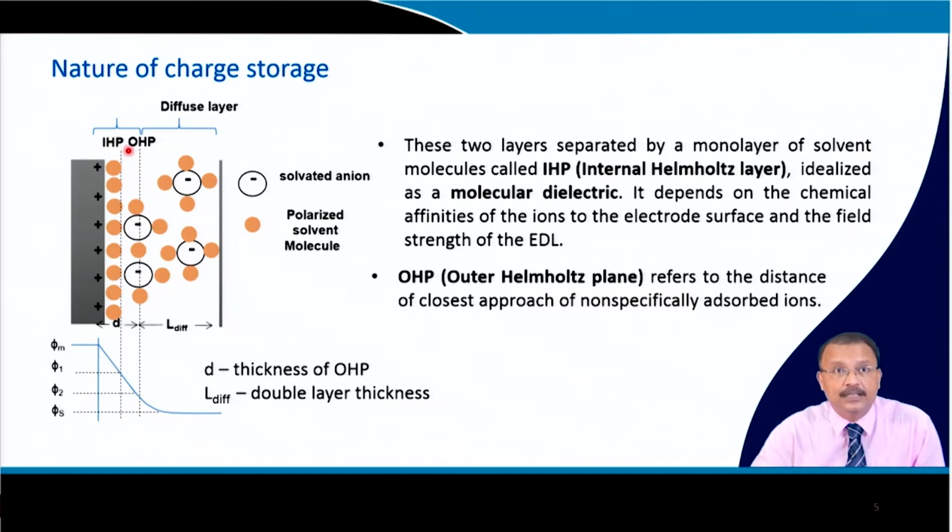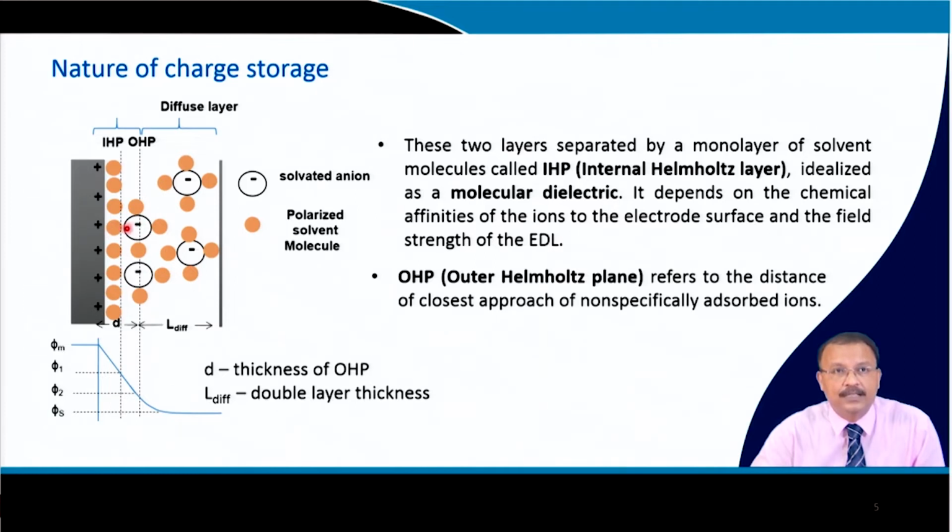The first one is the inner Helmholtz layer, which is just like a molecular dielectric, and mostly it is now understood that the solvated counter ion, you know that this is solvated.